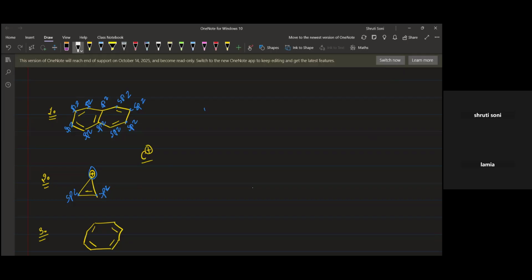Yes, 2, 4, 6. Doesn't carbon need to have 4 bonds? Yes, it needs to, but if it doesn't have them, it needs to stabilize. Do you know carbocation? Yes, kind of. So in that case, it is positively charged.